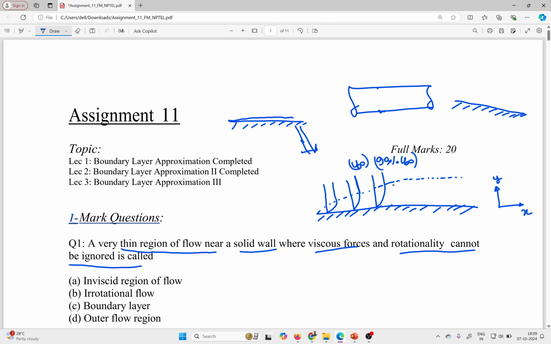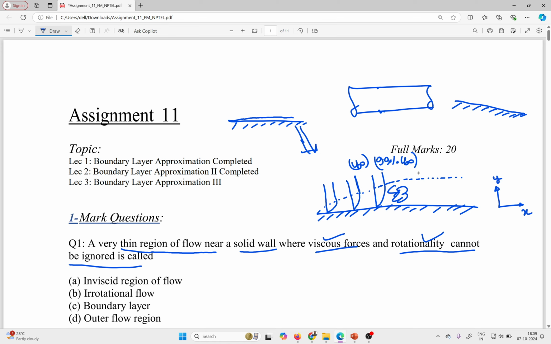So in that layer, if you want to derive some mathematical equation, we cannot ignore the viscous force and rotationality. So this is the meaning. And what is the advantage of this? We'll discuss the advantage later.